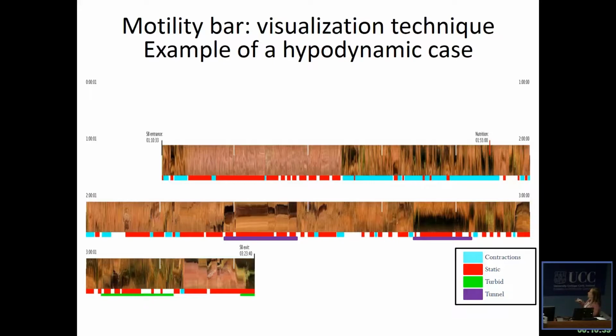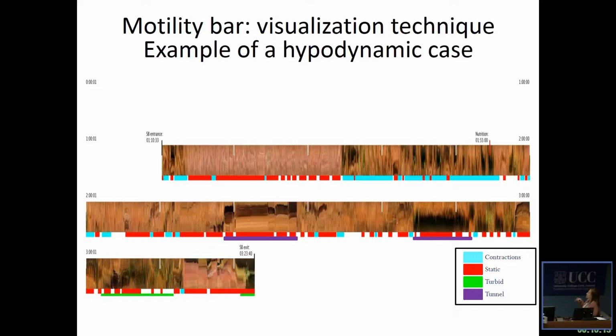And here you have when the patient received the meal, which is 45 minutes after small bowel entrance. Here the color code is switched. Contractile activity is seen in blue and static is seen in red. So now we have the image and we have the period, the sequence analysis below in color.